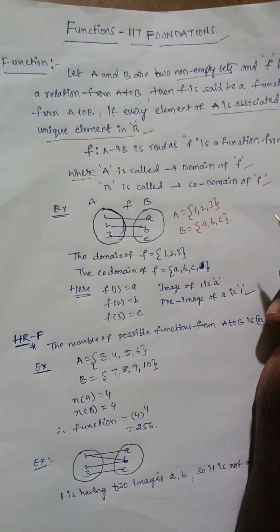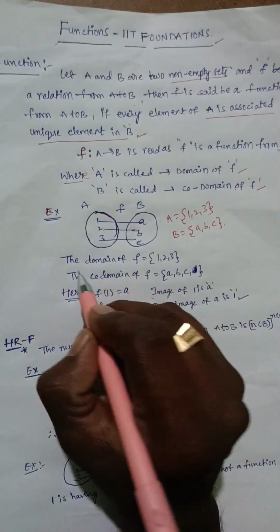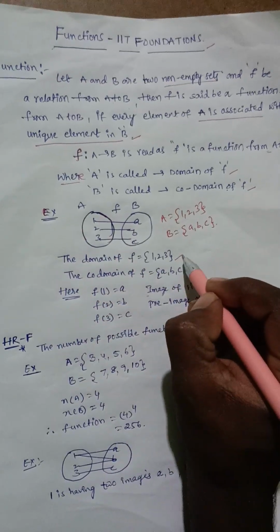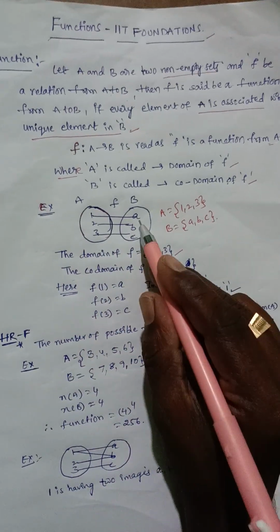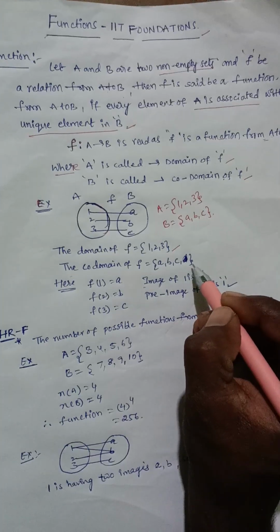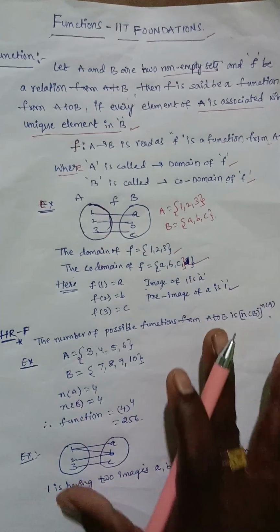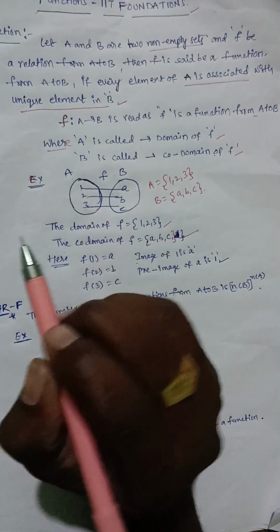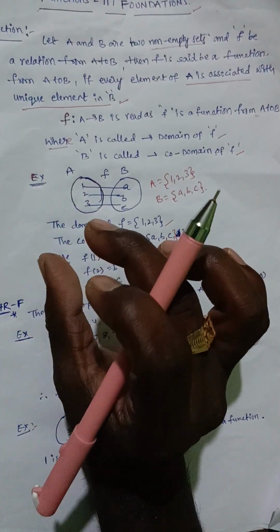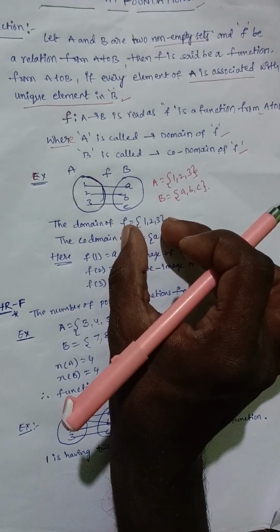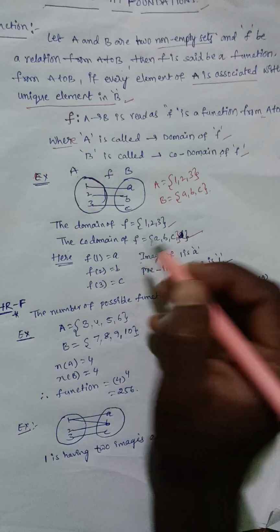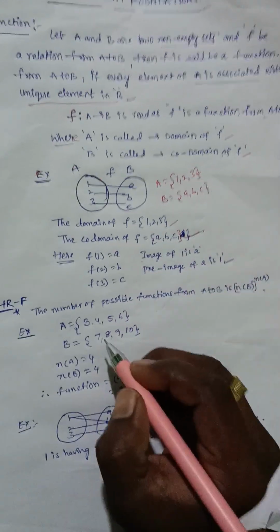Now the domain of the function is 1, 2, 3. The codomain of the function is a, b, c. Simply, set A is called the domain and set B is called the codomain.